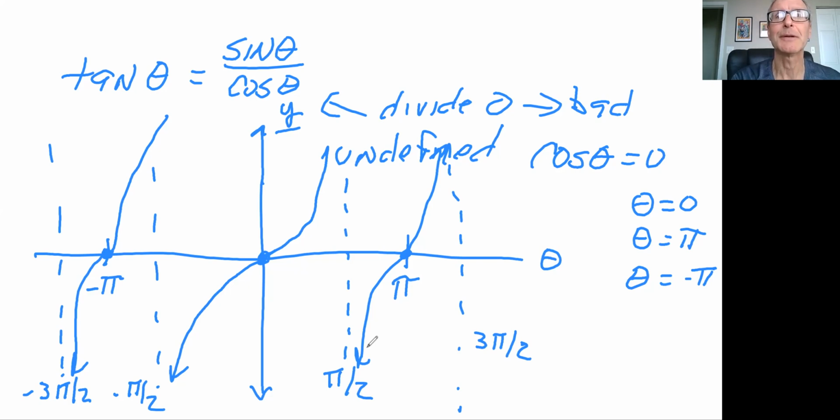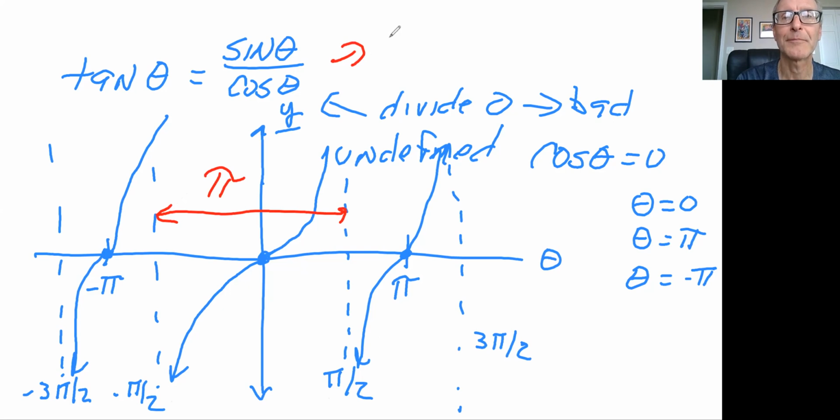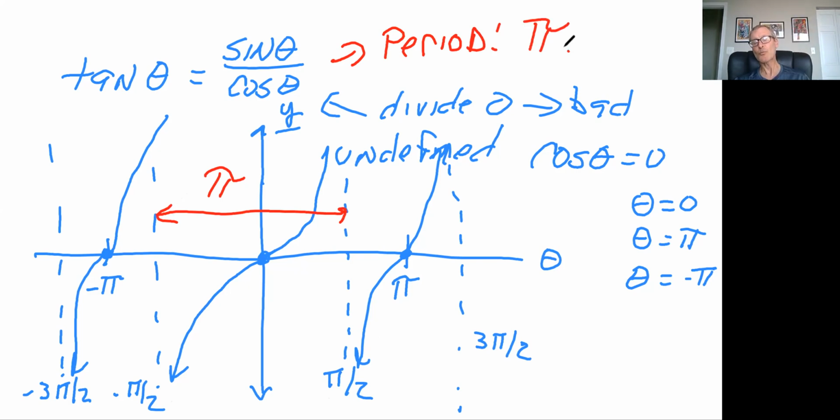Well, the period in this case is different than sine and cosine. The period is here. As you can see, it repeats itself over and over again. And what's this distance? That distance is pi. So the period of both cotangent and tangent is pi, which is definitely different than sine and cosine.